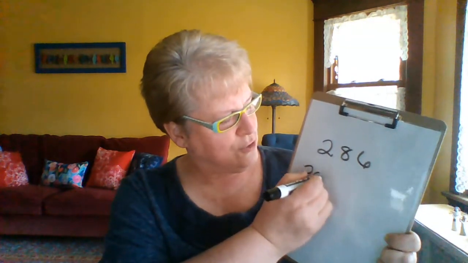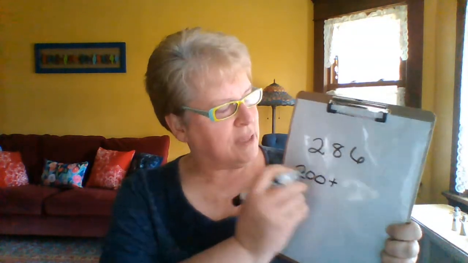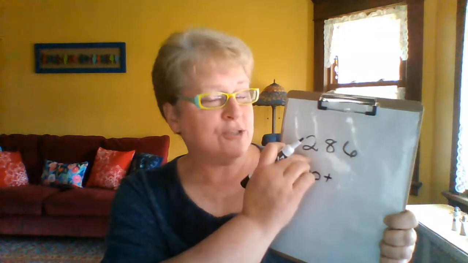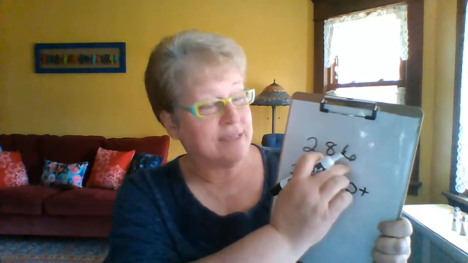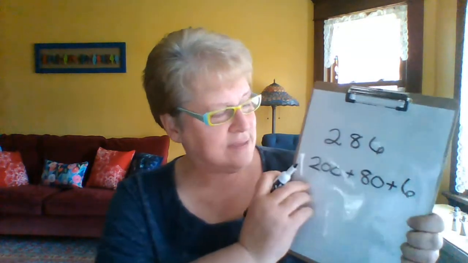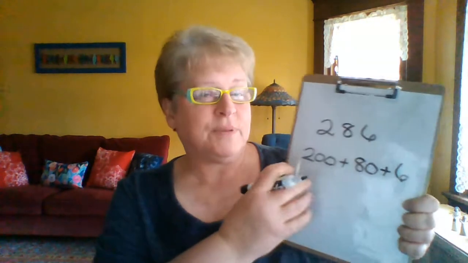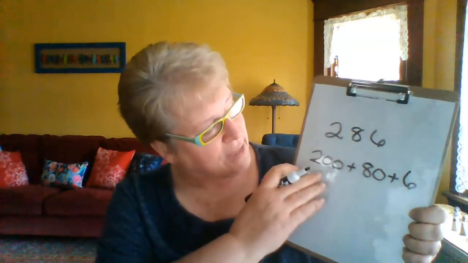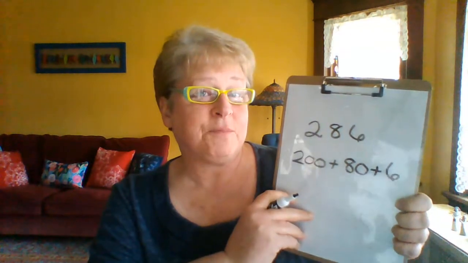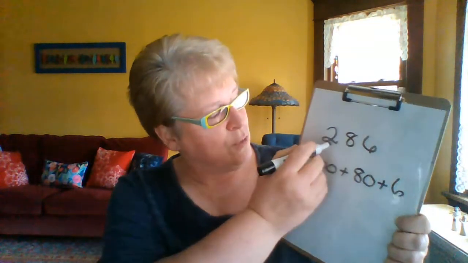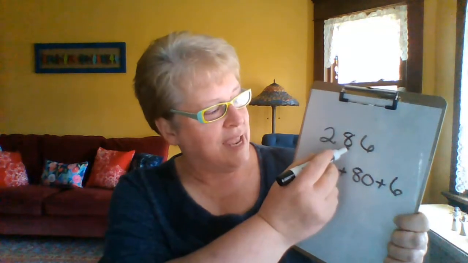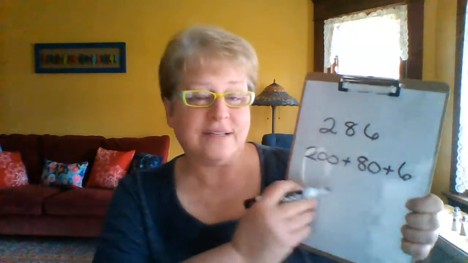So I'll write 200 plus, what do I say now? 80. So I write 80 plus 6. This is how we can write the number out in standard notation. We're simply pulling it apart and writing it out as it would be in its place value column. So we have 2 hundreds, 8 tens, which is 80, and 6 ones.